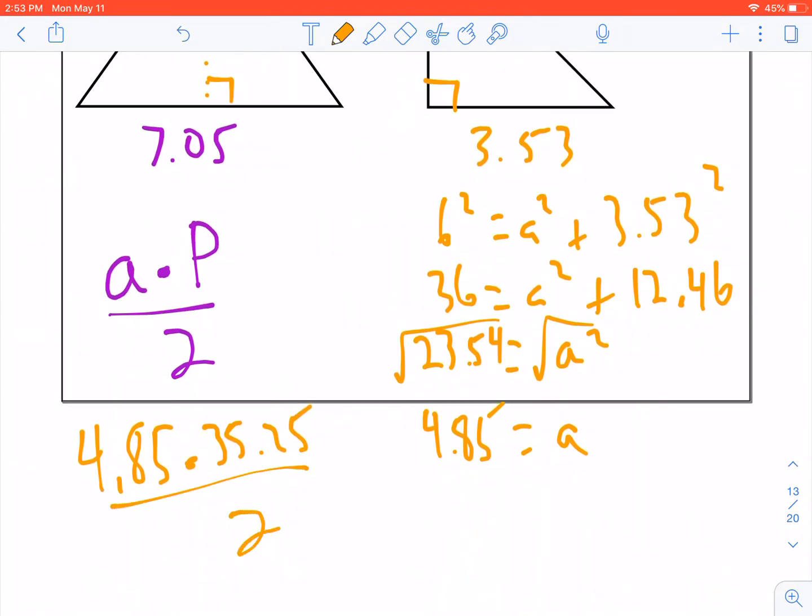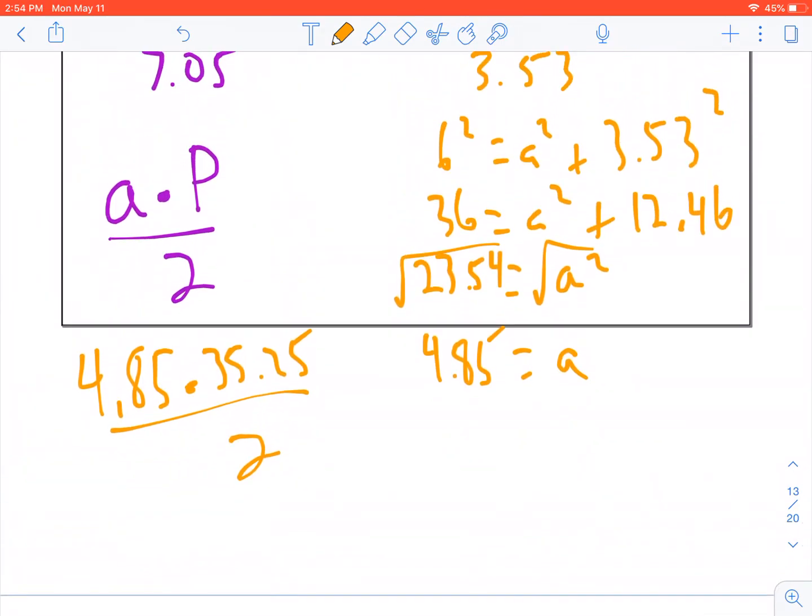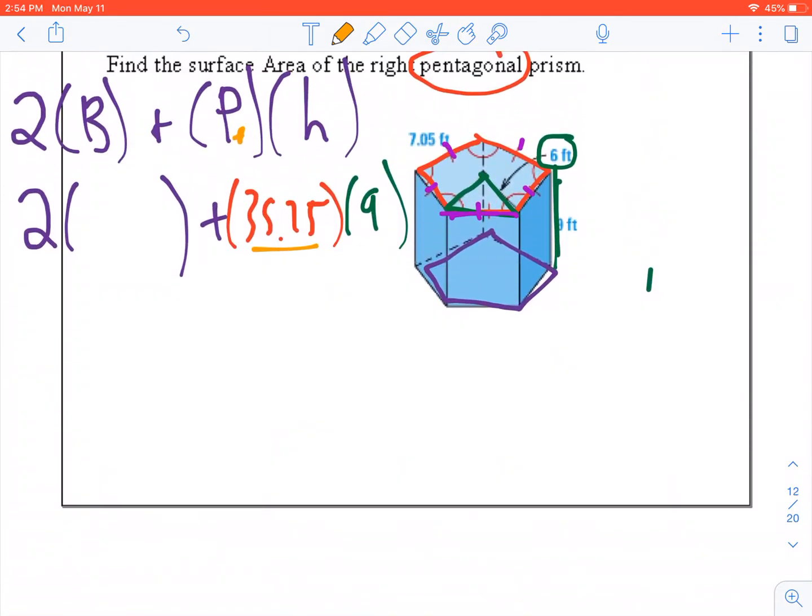So it is 4.85 times 35.25 divided by 2. And it gives us the area of that base to be 85.48. So that is what goes in for the area of the base.